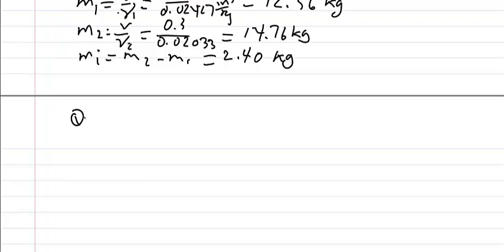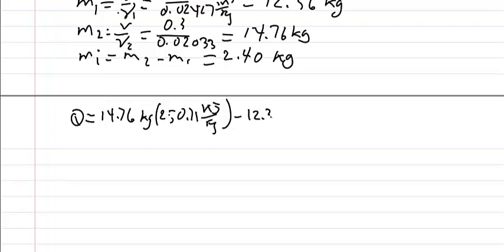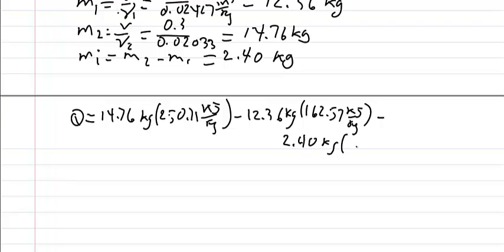So the heat transfer is going to equal M2U2, so 14.76 kilograms multiplied by 250.71 kilojoules per kilogram, and then minus 12.36 kilograms multiplied by 162.57 kilojoules per kilogram, and then minus M_iH_i, so minus 2.40 kilograms times the enthalpy, which is 330.32 kilojoules per kilogram.